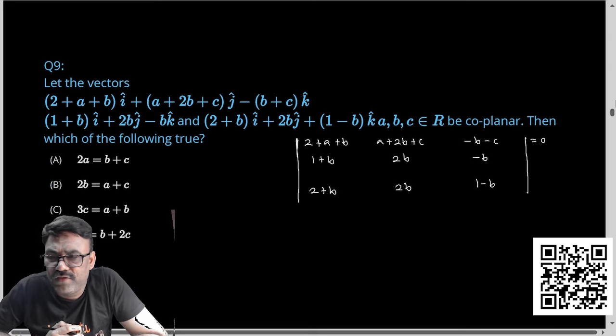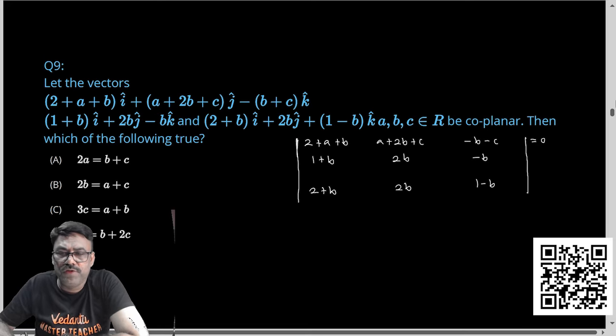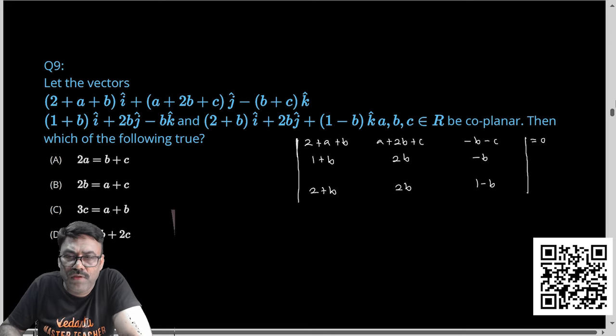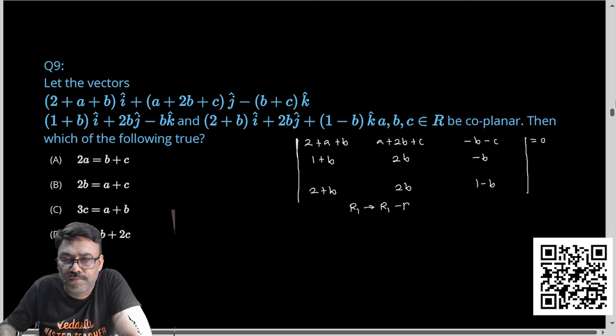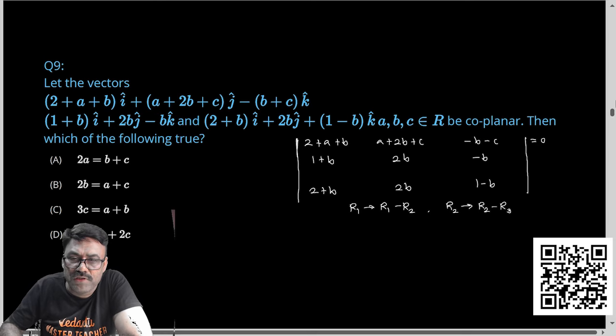Now, let's simplify this determinant. So what I will do here, I will change R1 to R1 minus R2 and R2 to R2 minus R3. Let's write R1 minus R2.